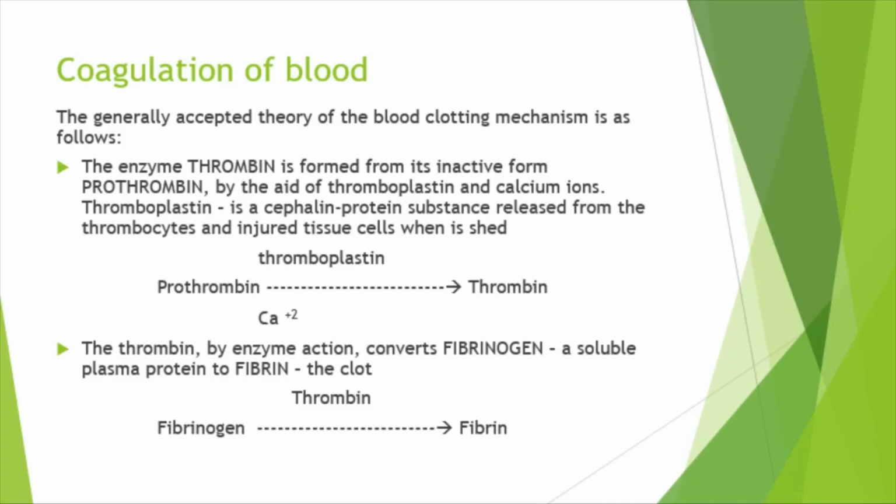So that's the blood clotting mechanism. Again, prothrombin forms its active form, thrombin, and this thrombin enzyme will react to fibrinogen to form fibrin, or to form the clot in your wounds. So that's your coagulation of blood.